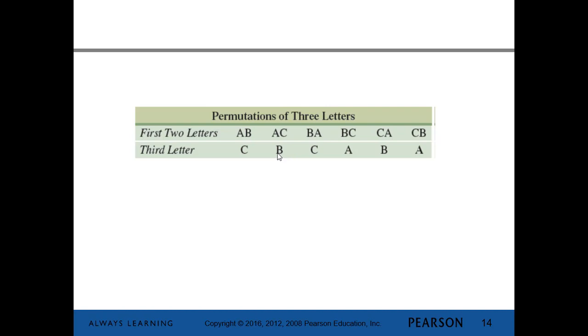So the answer is going to be 3 factorial. So that should be right, right? So if we do that, then the answer is going to be 6, right?